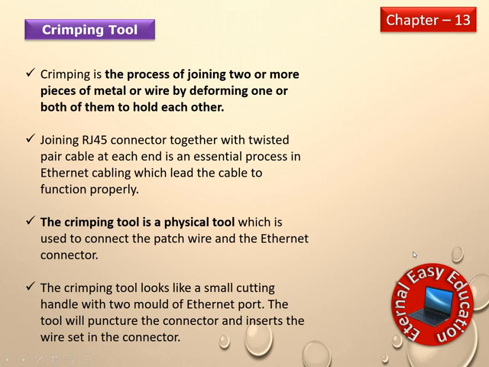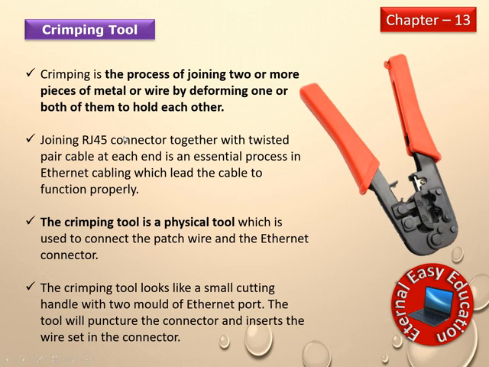Another one, the crimping tool. Crimping is the process of joining two or more pieces of metal or wire by deforming one or both of them so they hold each other. Joining the RJ45 connector with the twisted pair cable at each end is an essential process in Ethernet cabling, which lets the cable function properly.